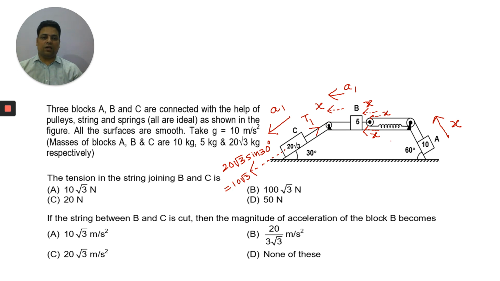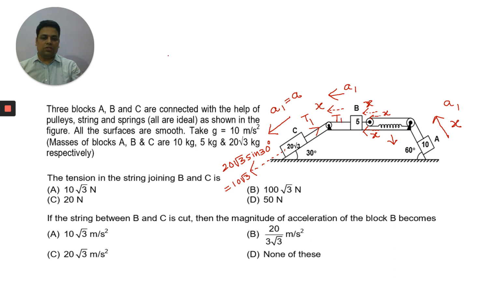But here, as we got this spring, the spring elongates through X. So the only increment on the above side of the pulley required is X that comes from block A as it moves up along the incline by X. So the acceleration of block A is also A1. Let us call this A1 as A. Now let us see what happens. So tension here is also T1.